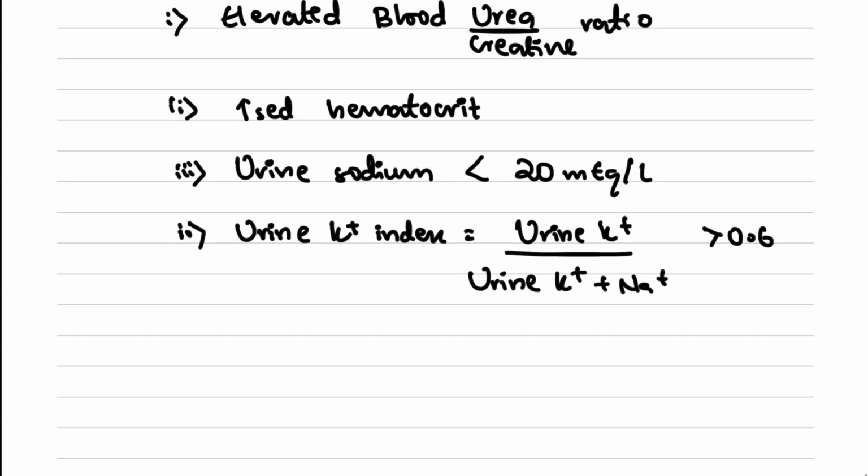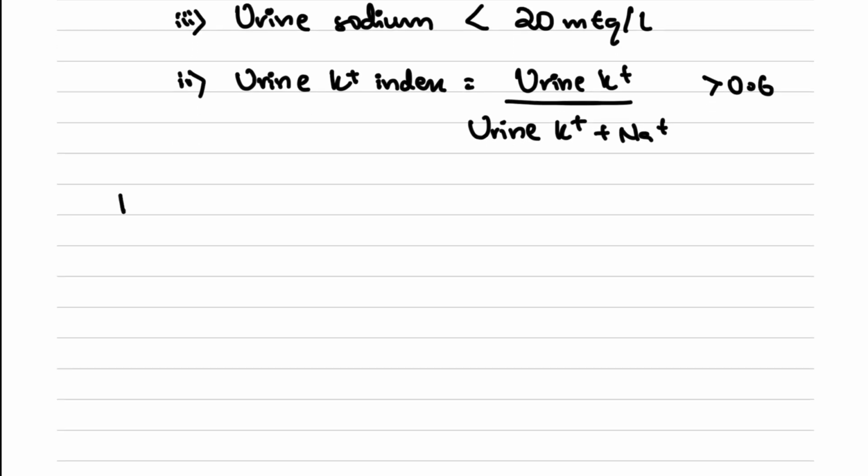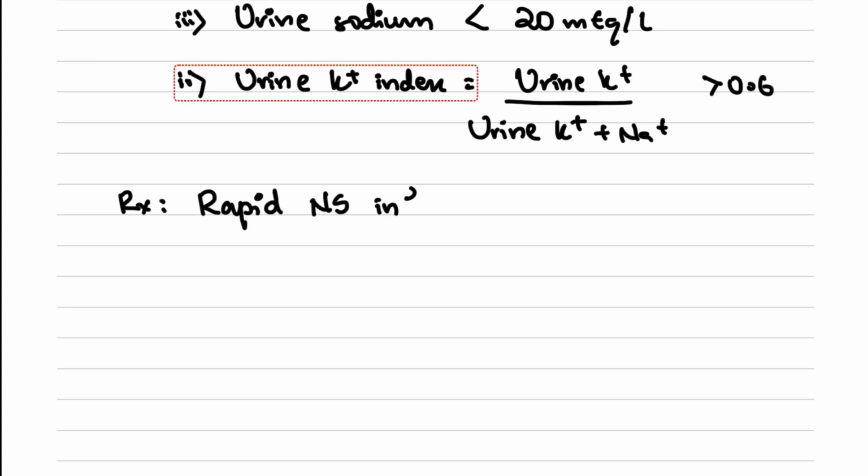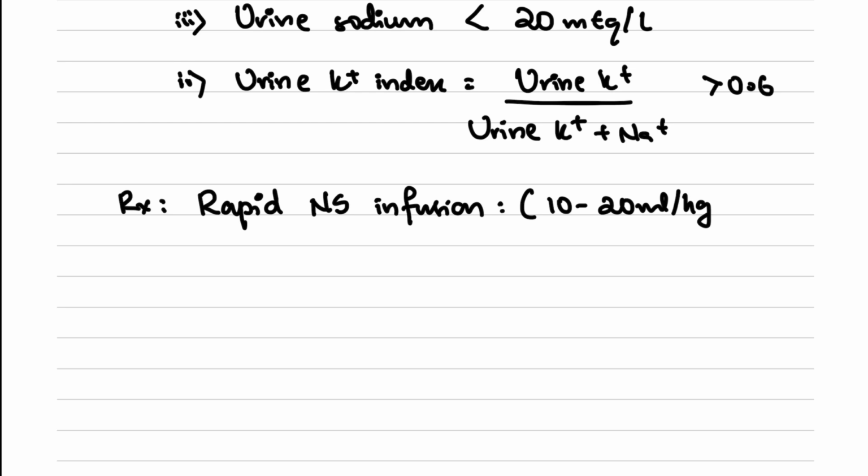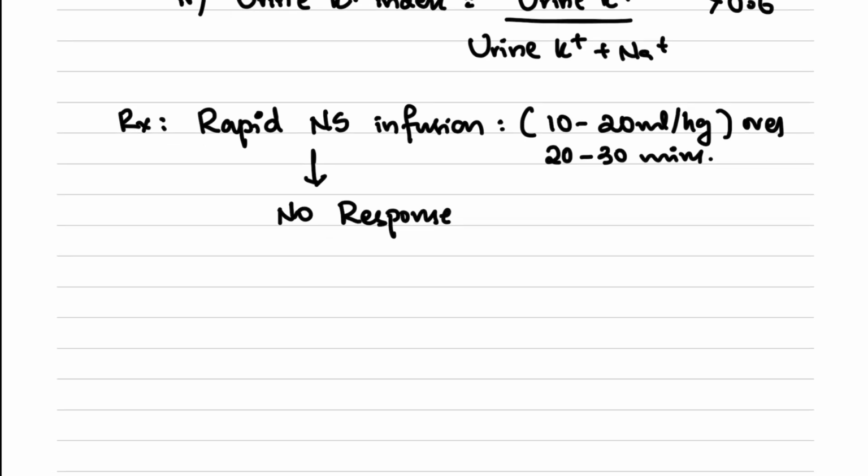What will we do if the patient has hypovolemia? Immediate management for this will be rapid normal saline infusion, 10 to 20 ml per kg over the next 20 to 30 minutes. If the patient has no response, then we'll go for 5% albumin infusion.